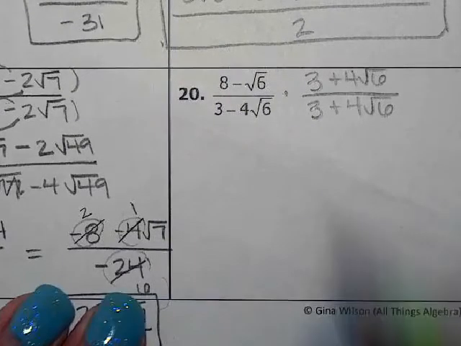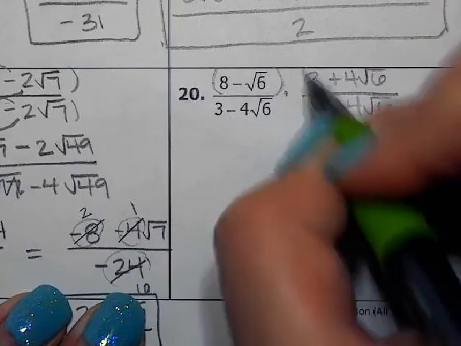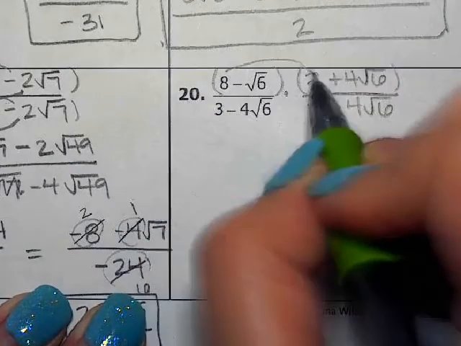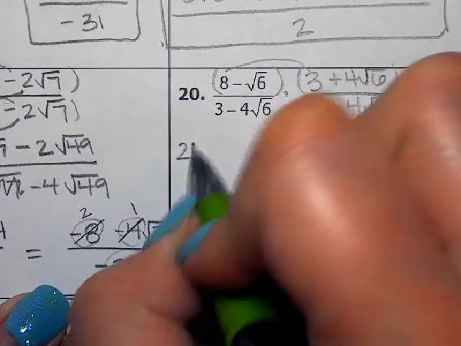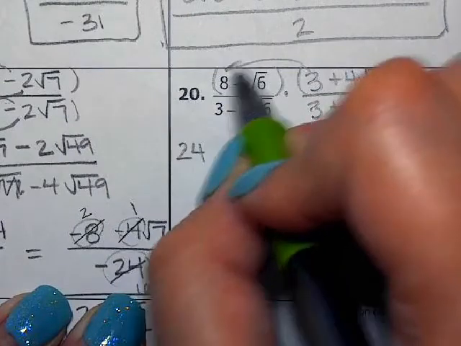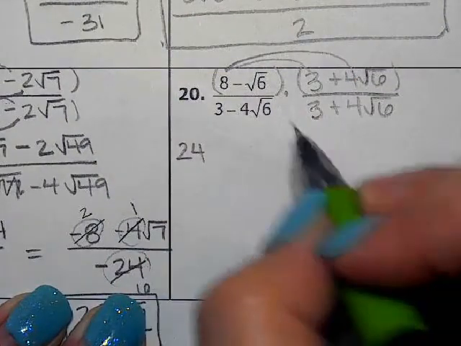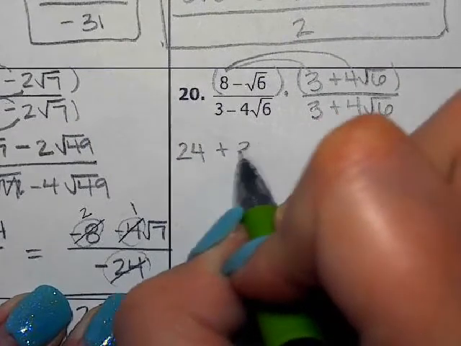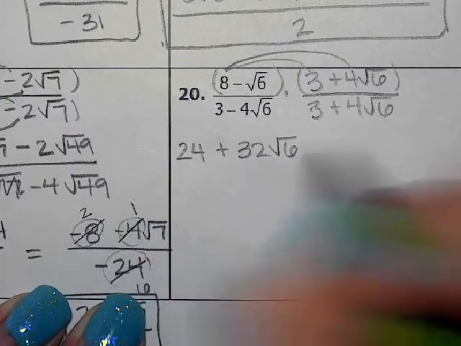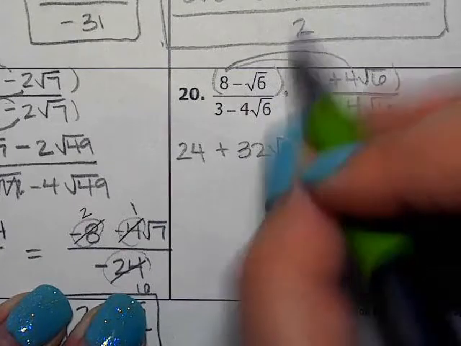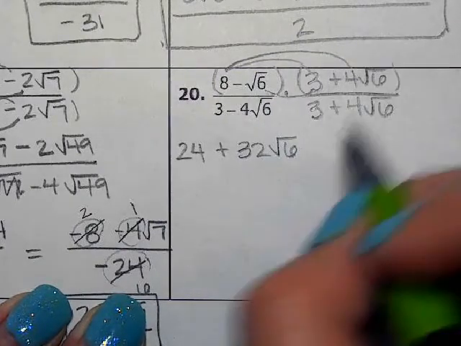All right, 8 times 3, 24. 8 times 4 square root 6 is 32 square root 6. Okay, and then minus 3 square root 6.